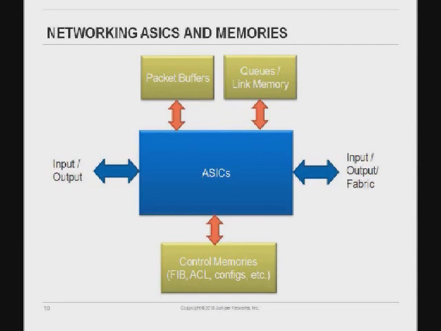We deal with it one way or another, but fundamentally they are linked lists, and that's what the link memories are used for, to find back the entire packet. And then on the bottom there, those are the control memories, and they are used to store the forwarding tables, the ACLs, access control lists, and all the configuration and so on that you use to control the routers.